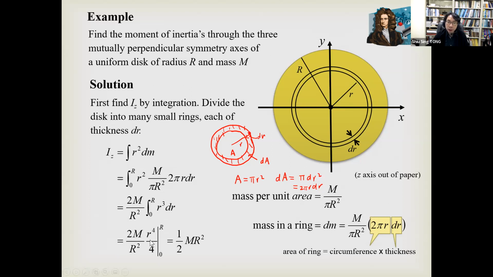Integrating r cubed becomes r to the power 4 divided by 4. At the upper limit, it becomes R to the power 4, right? And after canceling the R squared and canceling a factor of 2, I get 1/2 of mR squared. So that is the moment of inertia of a disk about its symmetrical axis at the center.